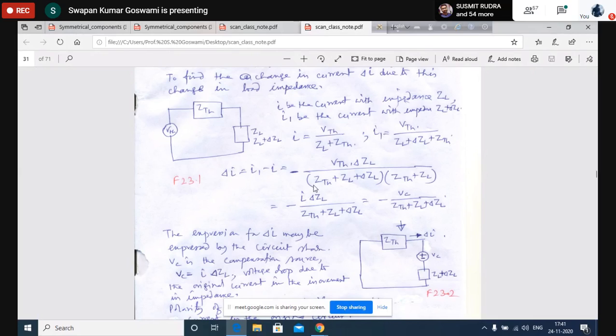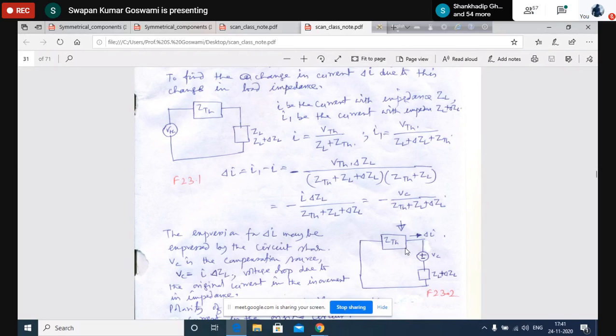Whatever may be the circuit, we shall not change that circuit any further. All the sources will be removed from the circuit except the impedances in their original position, and that is represented by a single impedance here, the Thevenin impedance.